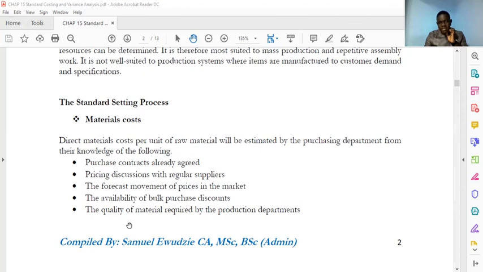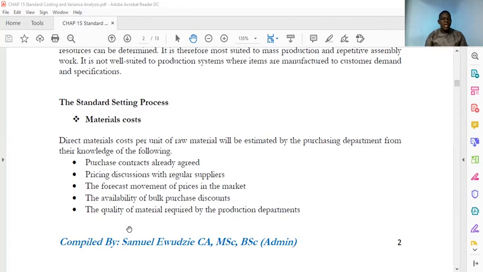Material cost. Now, direct material cost per unit of raw material will be estimated by the purchasing department from their knowledge of the following. They may use it to decide what the standard material cost should be.